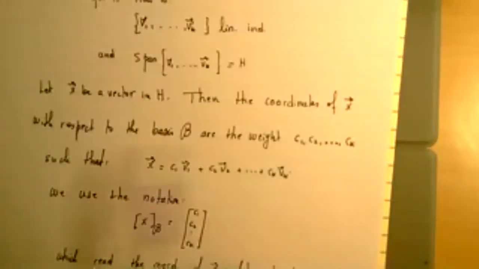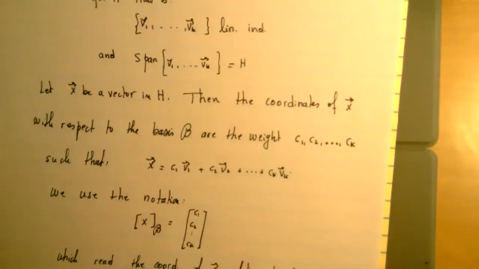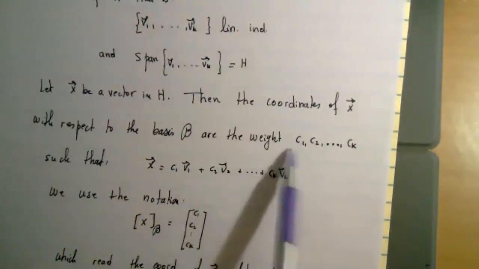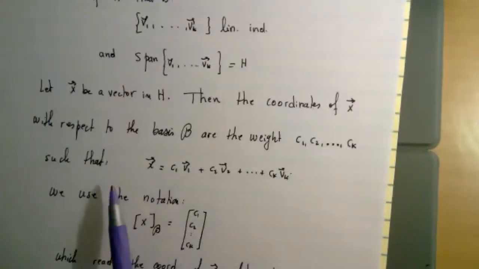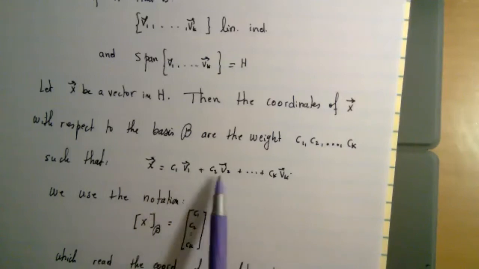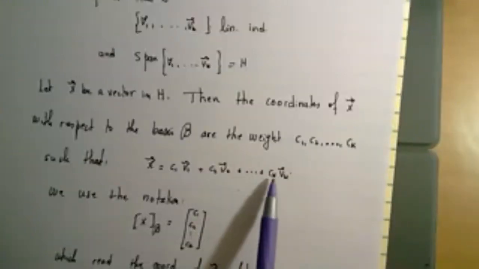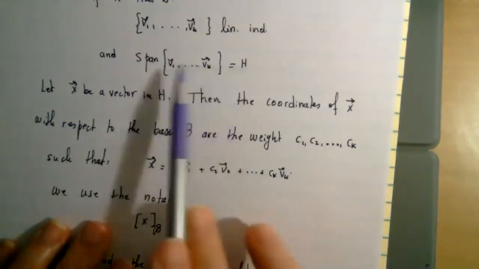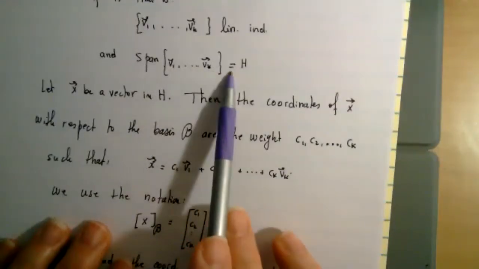Then the coordinates of X with respect to the basis B are the weights C1, C2 through CK, such that X can be written as C1 V1 plus C2 V2 plus through CK VK. So in other words, if you take a vector in H, you can write it as a combination of V1, V2 and VK.